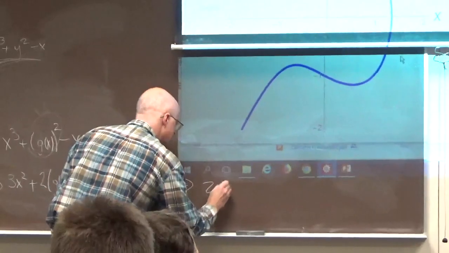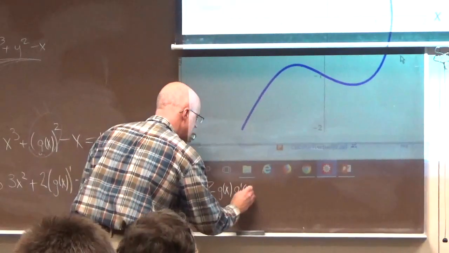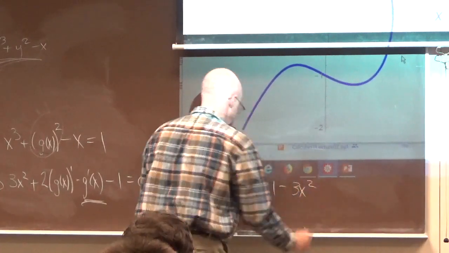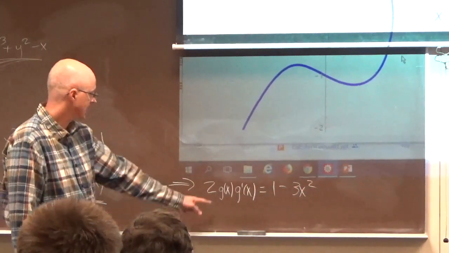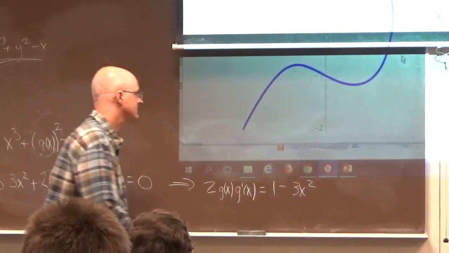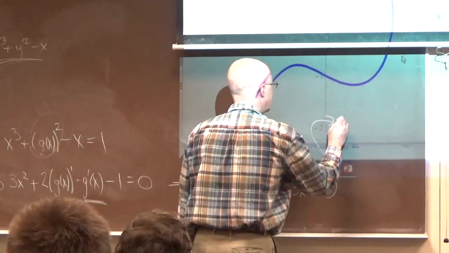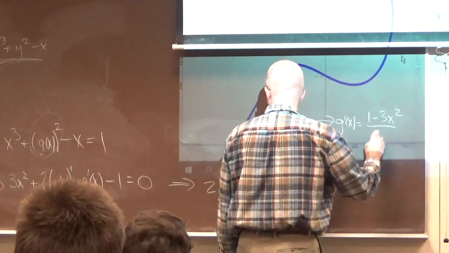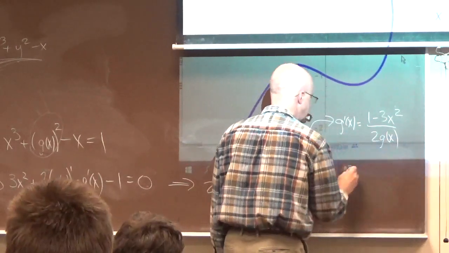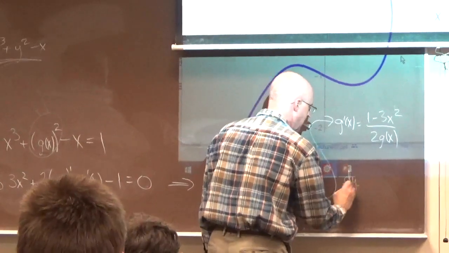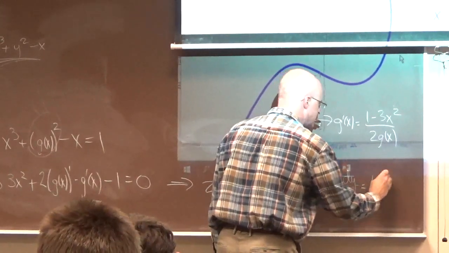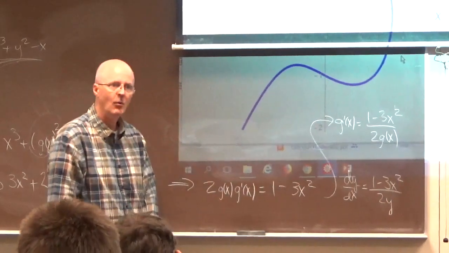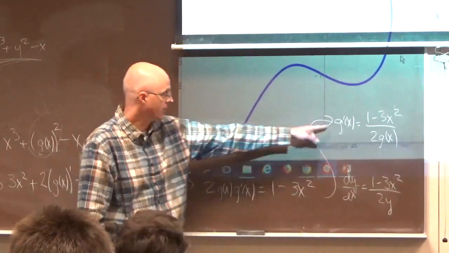I get 2g of x times g prime of x equals 1 minus 3x squared if I do that. Now just divide both sides by 2 times g of x. G prime of x is going to be 1 minus 3x squared over 2 times g of x, or in dy dx notation, dy dx equals 1 minus 3x squared over 2 times y. Y is g of x, so these are equivalent.